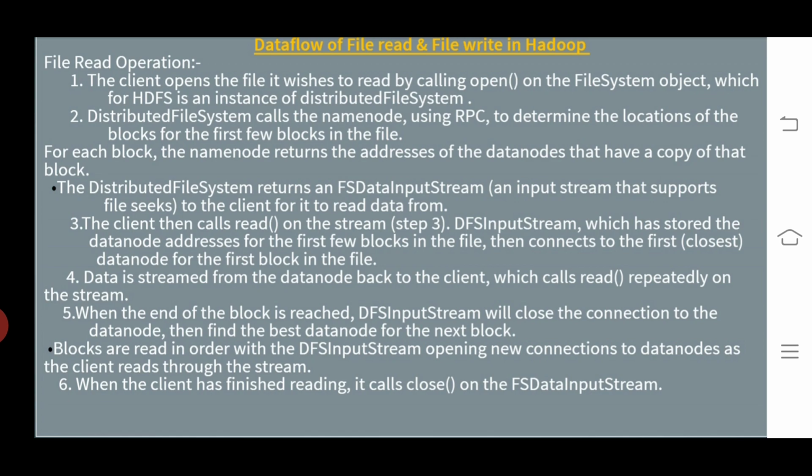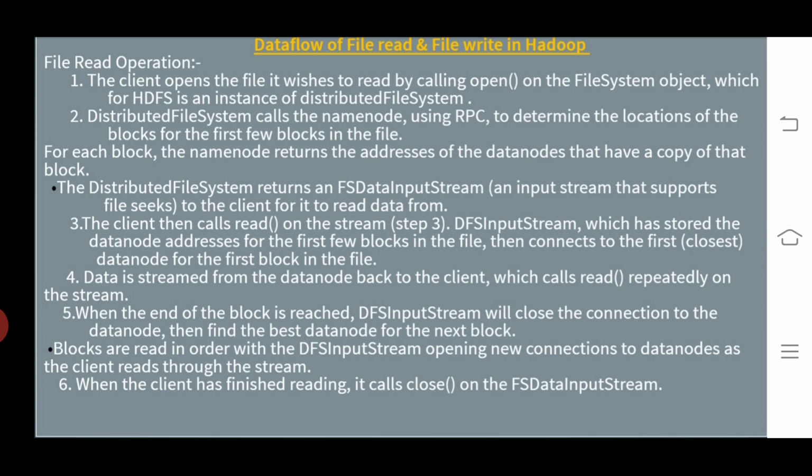Now for each block, the name node returns the addresses of the data nodes that have a copy of that block.